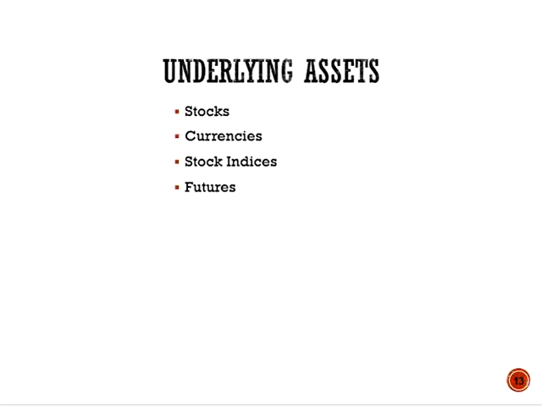Index options. Many different index options currently trade throughout the world in both the over-the-counter market and the exchange-traded market. The most popular exchange-traded contracts in the United States are those on the S&P 500 Index, SPX, the S&P 100 Index, OEX, the Nasdaq 100 Index, NDX, and the Dow Jones Industrial Index, DJX.